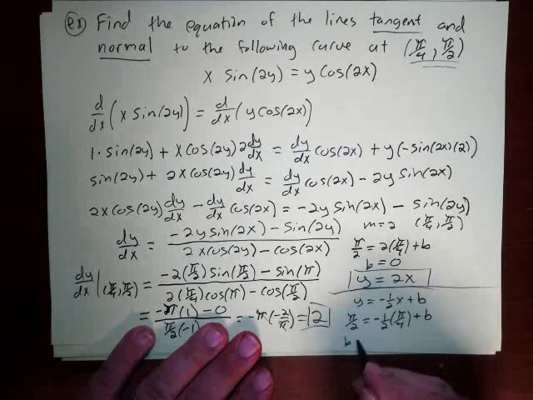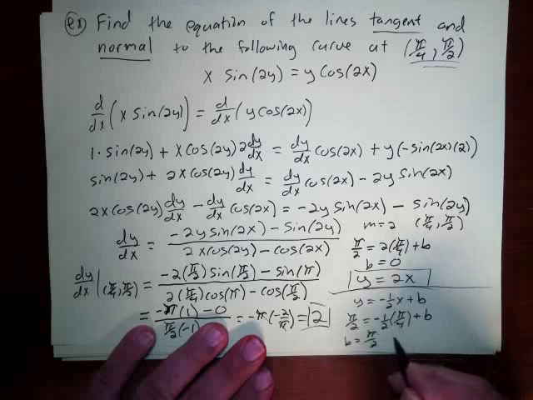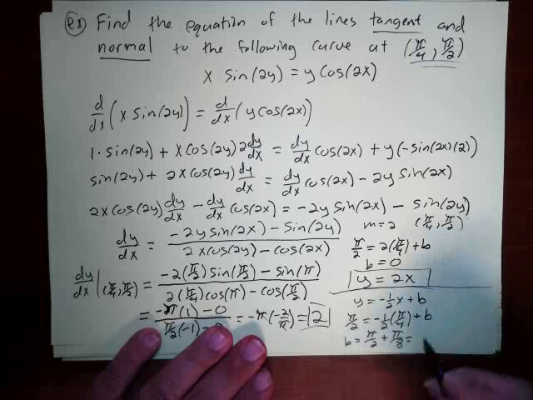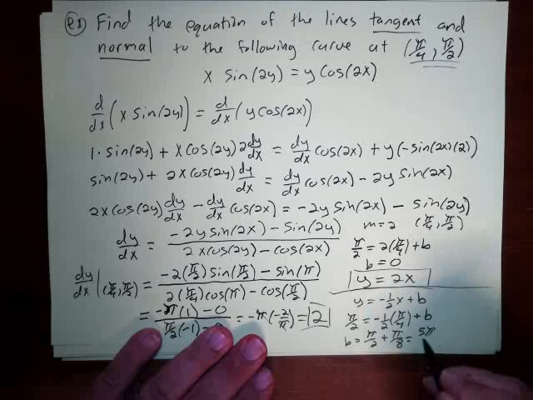Okay, so my b is going to be, this is like pi over 2, and this is negative pi over 8, so plus, moving that over to the other side, it'll be like that. And so this is really 4 pi over 8 plus pi over 8, so it's really like 5 pi over 8.